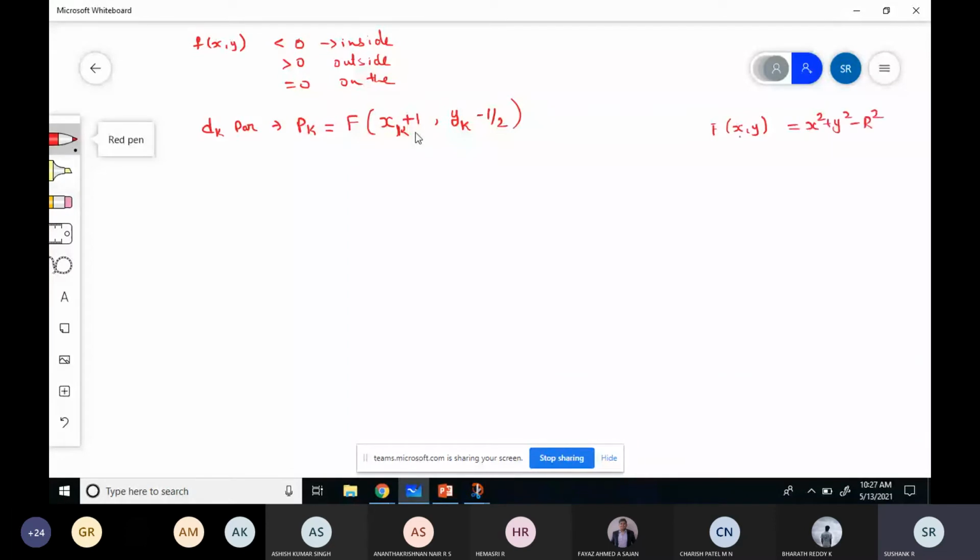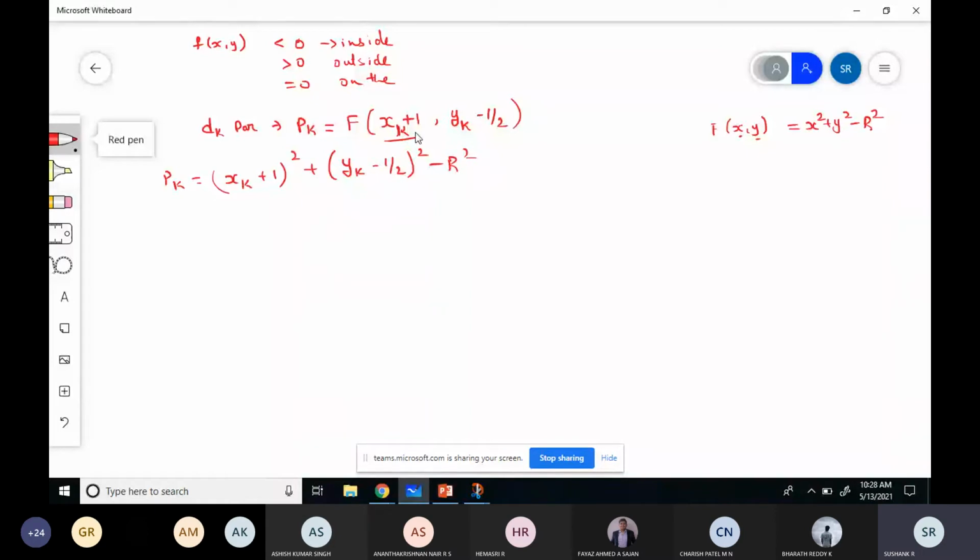So pk is equal to xk plus 1 the whole square plus yk minus half the whole square minus r square.